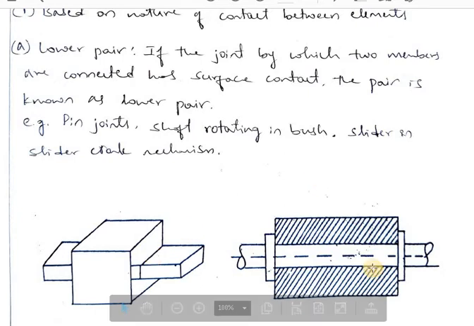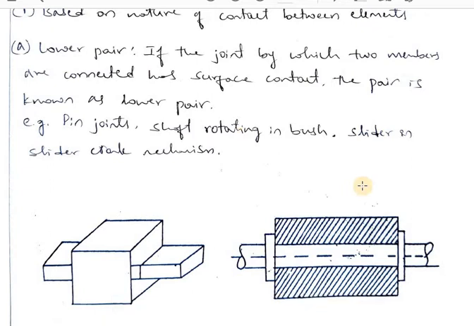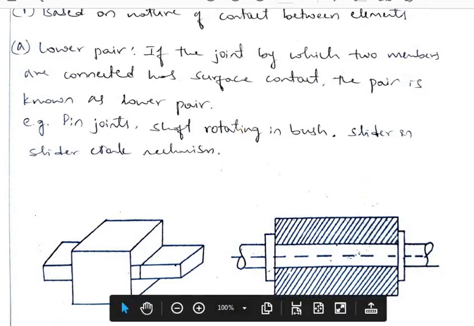And similarly here you can see the shaft rotating inside the bush. The shaft and the bush are in surface contact. So this comes under the lower pair. So when there is a surface to surface contact between two bodies, we call it a lower pair.